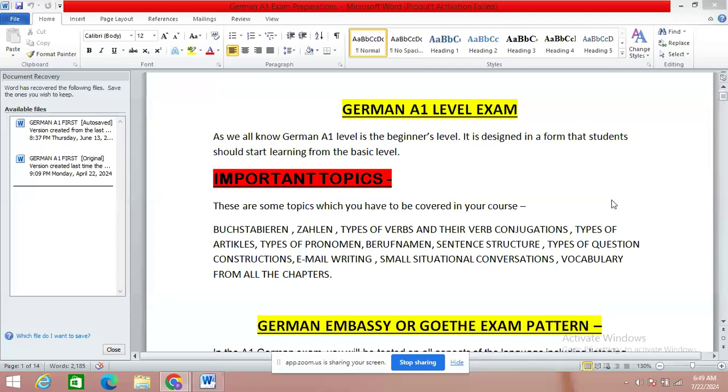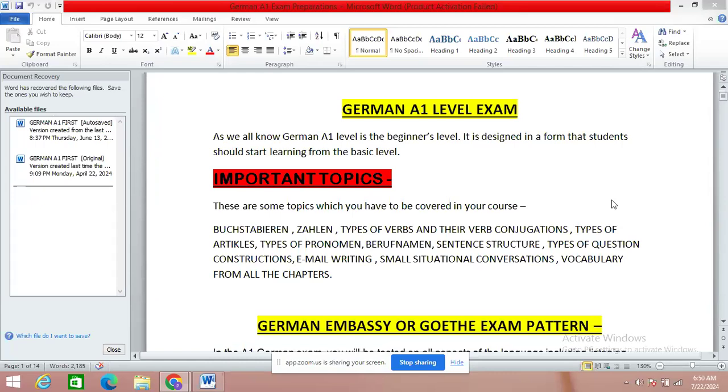Then we have the types of pronouns, then the Berufsnamen. Berufsnamen means the names of different job professions, different types of job occupations, what they are called in German. That is very important. Their list is very important. Then the sentence structures, we have basic three types of sentence structure in our A1 level.